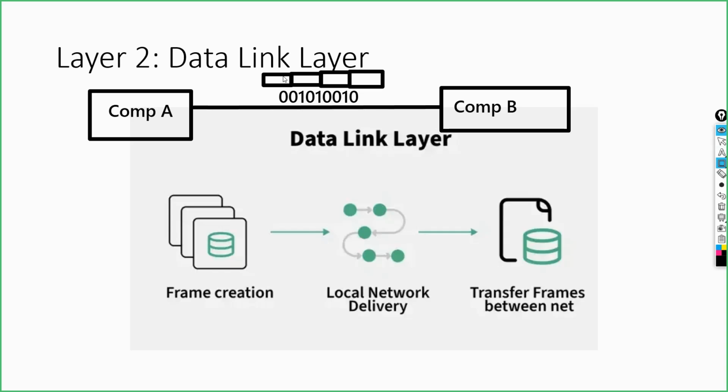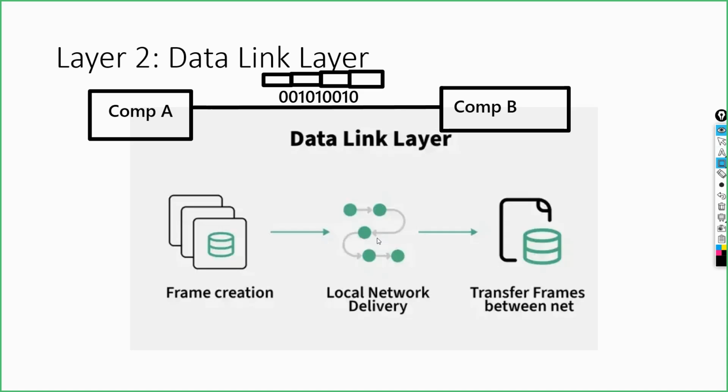Now the question comes: computer A is sending the data to computer B. I told you that whenever the data is sent, there is a source MAC address and a destination MAC address coming into the role.